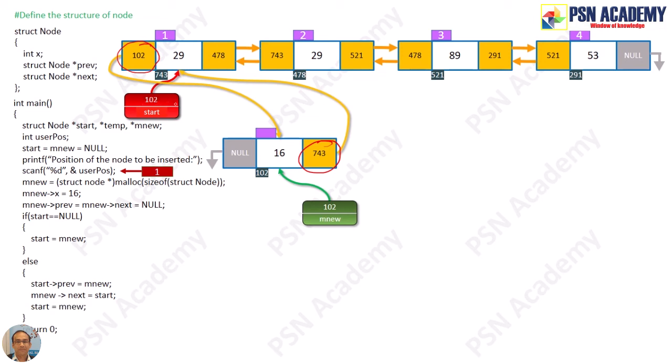So this 743 becomes 102, the link vanishes and the new link is established here. So you see that the start is pointing to the node at 102, the node at 102 has become the first node and the node that was first before has now become the second node, the second node has become the third node, and the fourth node and fifth node eventually, right?